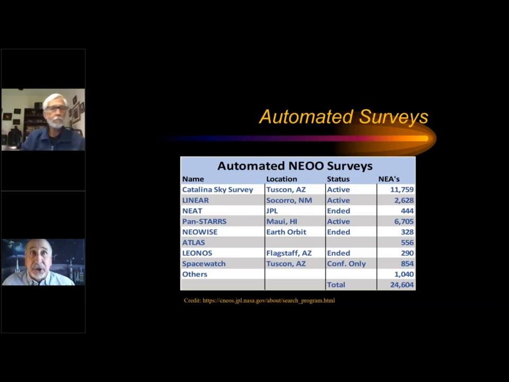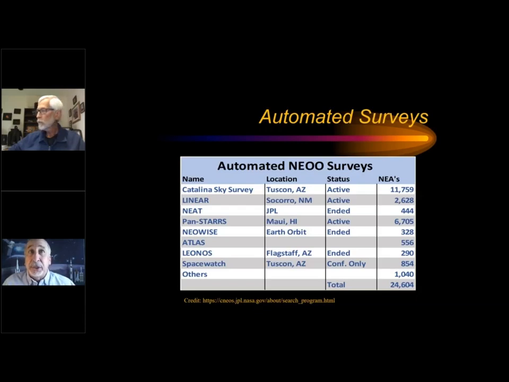Linear and Pan-STARRS are also very prolific surveys, and you'll find their names in the names of comets that they discover also. So the Neowise comet that you mentioned earlier actually has a longer name. I forget what that longer name is, but Neowise is in the name because it was discovered by a NASA orbiting platform, Neowise.